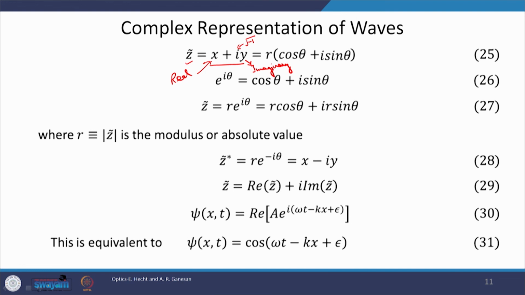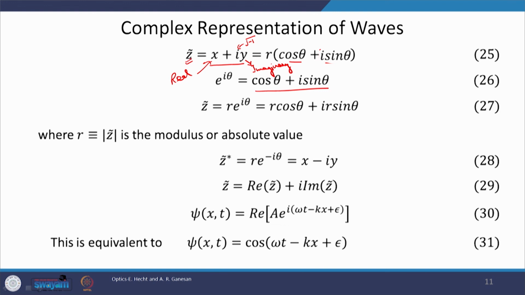In polar coordinates, this can equivalently be written as r(cos theta plus i sin theta), and cos theta plus i sin theta can be written as e to the power i theta. This we all know.